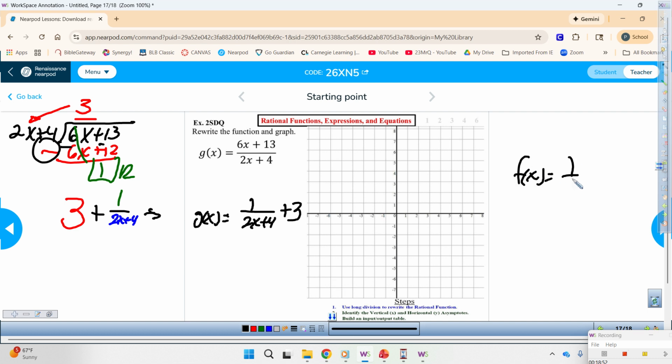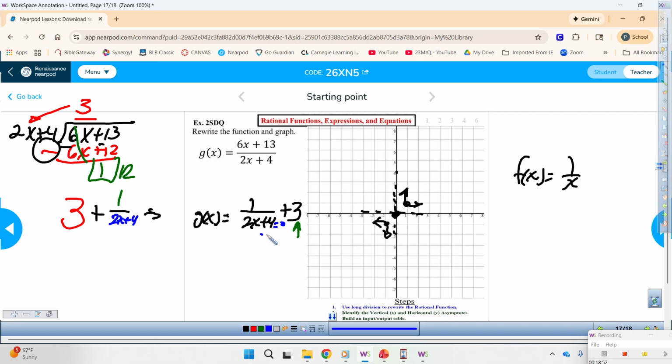Let's graph f of x equals 1 over x, asymptotes at 0 and 0. 1 point here, 1 point here. All right, next, we're going to move this according to what we see, 3 up. Whoa, what do I do here to know where to move it?